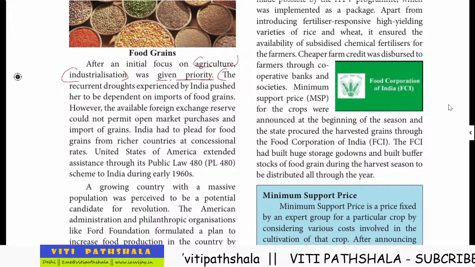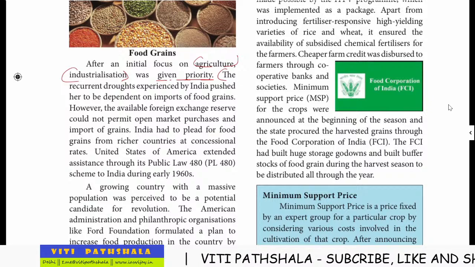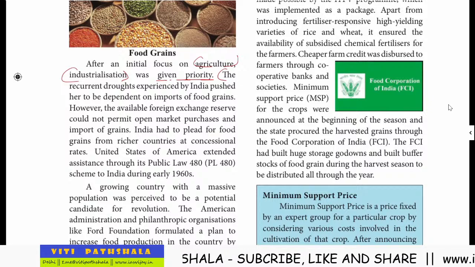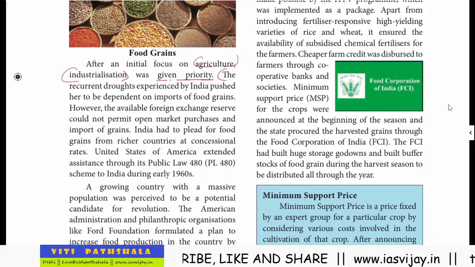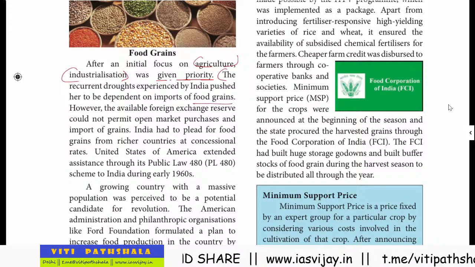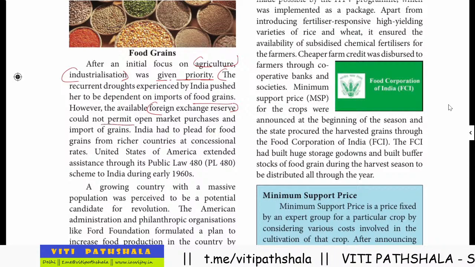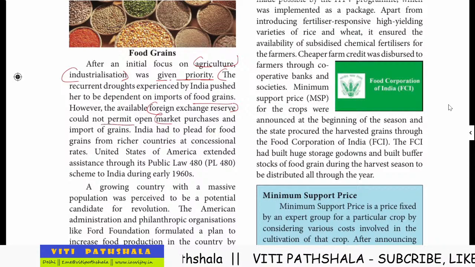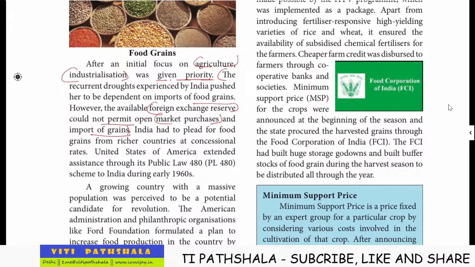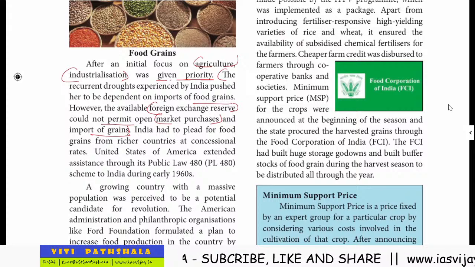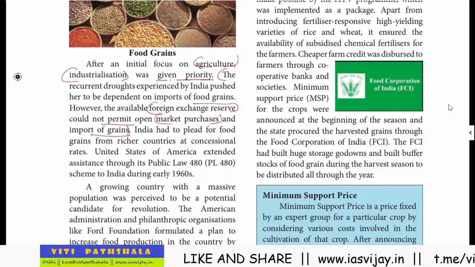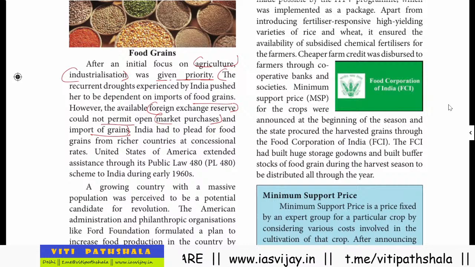The recurrent droughts experienced by India pushed her to be dependent on the imports of food grains. However, the availability of foreign exchange reserves could not permit open market purchases and import of the grains. India had to plead for the food grains from the richer countries at concessional rates.